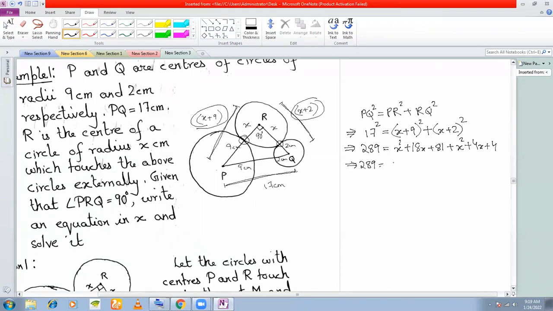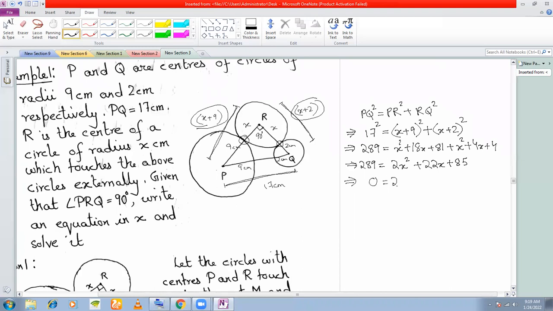289 is equal to, you get 2x square. 18 plus 4 is 22. And 81 plus 4 is 85. Okay. And now you take everything to the right hand side, so that you can make the left hand side 0.